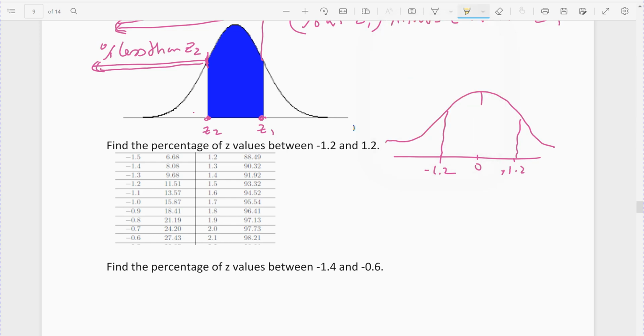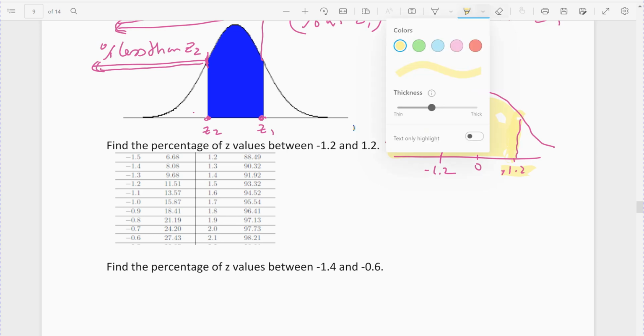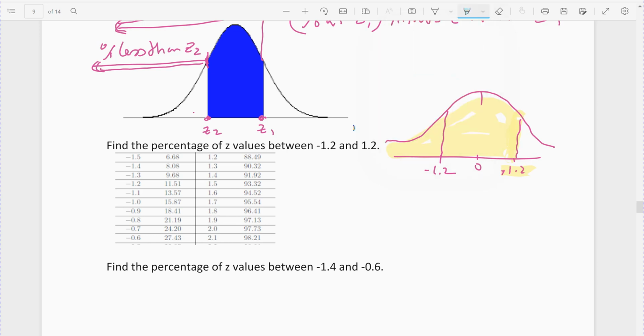The first z value I'm going to look at is the positive, which would give me all of this. The table using the positive 1.2 would give me all of that. And then I'm going to look up the negative 1.2. The table for negative 1.2 will give me this area. And so if I take the big area, the positive 1.2, subtract away the little area that comes from the negative 1.2, what I'm going to be left with is the area between, which is what I want.